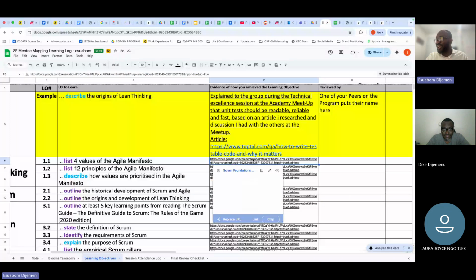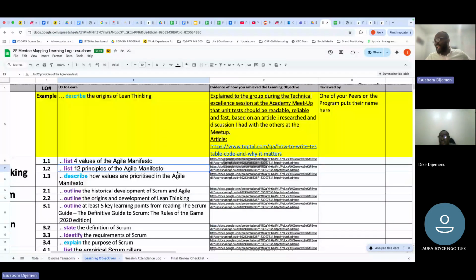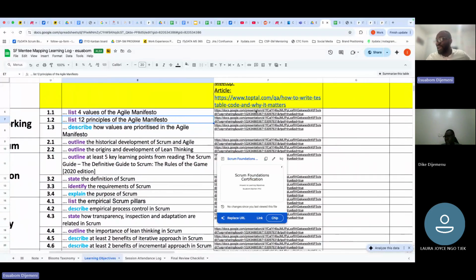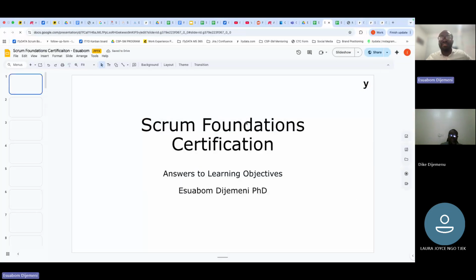Laura and DK, for myself, I just created mine in PowerPoint. So maybe me and DK can do this, and please at any point, you can jump in. I'm an experienced Scrum Master, and also Laura, DK is probably about 18 months ahead of you in his journey. He has explored Scrum, and now he's deepening his expertise.